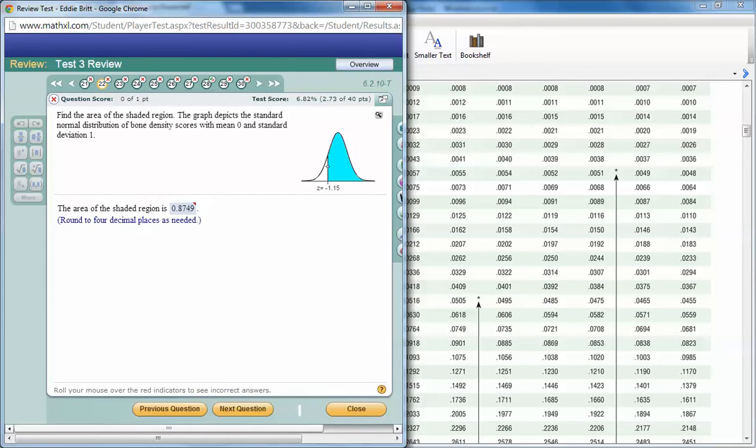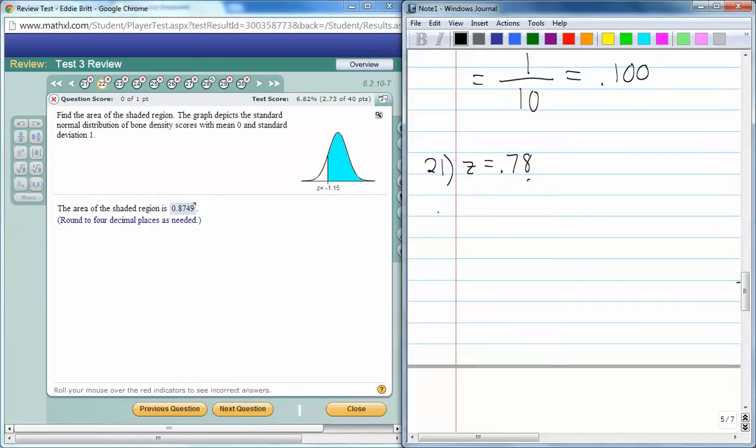So if I want to get my answer, I have to say 1 minus 0.1251. That's going to give me 0.8749. Not exactly. I'm just looking at the answer right here. Let me double check everything.